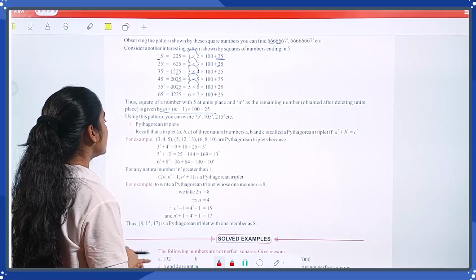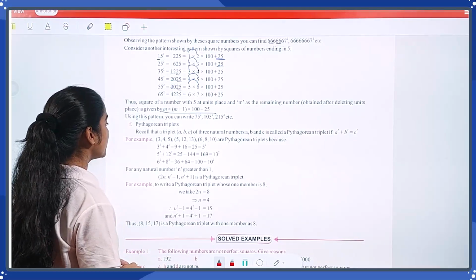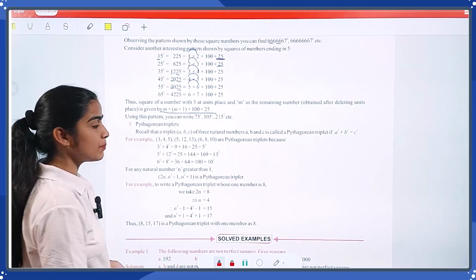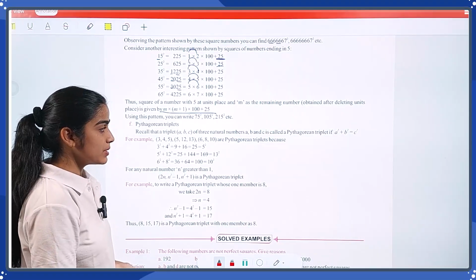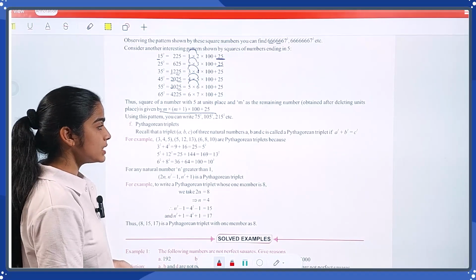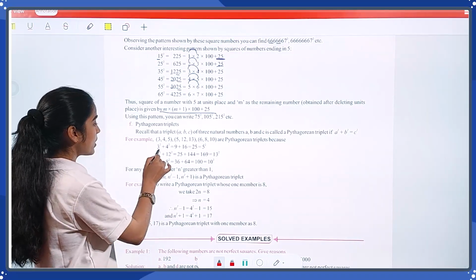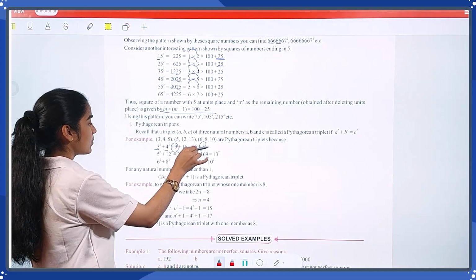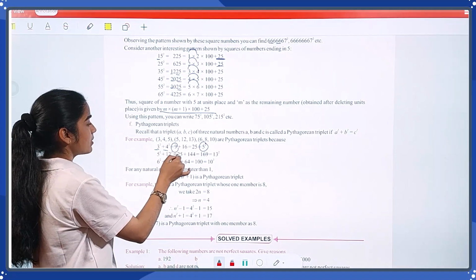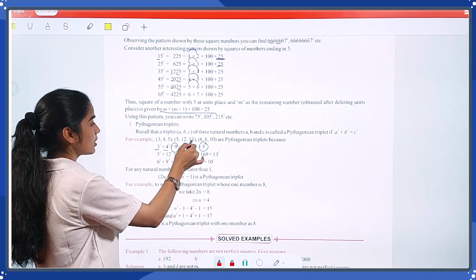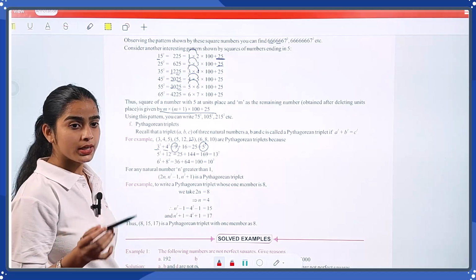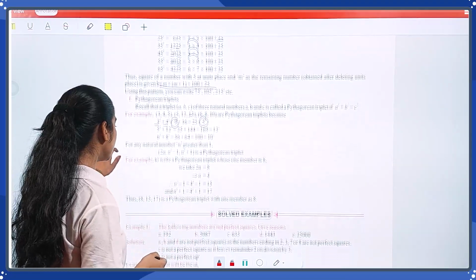Now, Pythagorean triplet. Recall that a triplet A, B, C of three natural numbers is called a Pythagorean triplet if A square plus B square is equal to C square. So 3 square plus 4 square is equal to 25, which is 5 square. 5 square plus 12 square is equal to 169, which is 13 square. If the sum of the squares of two numbers is equal to the square of the third one, it means you have a Pythagorean triplet.